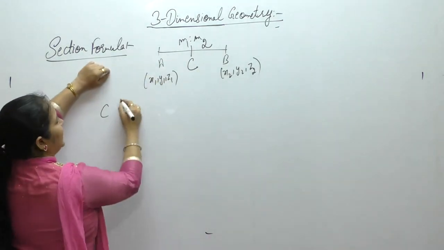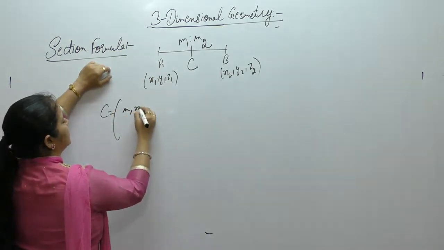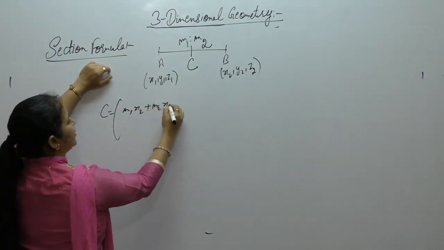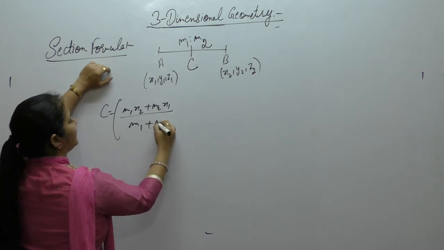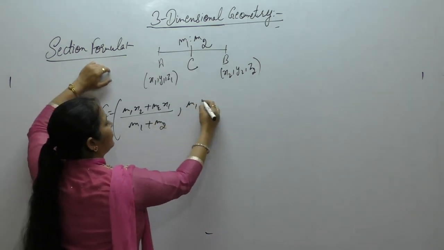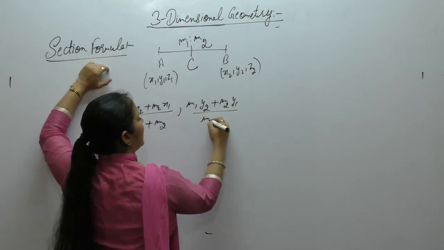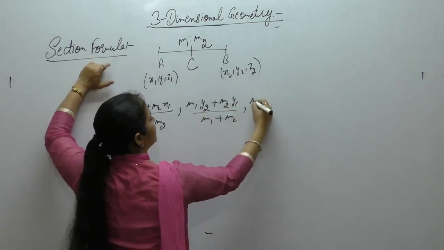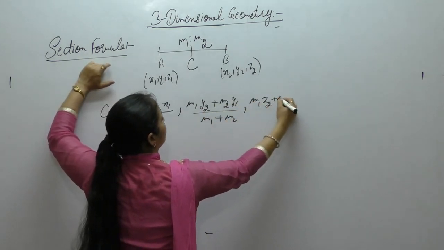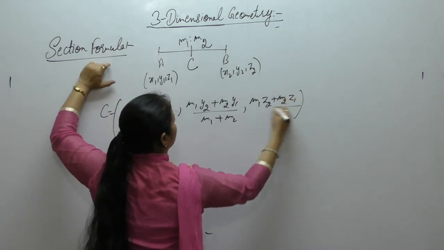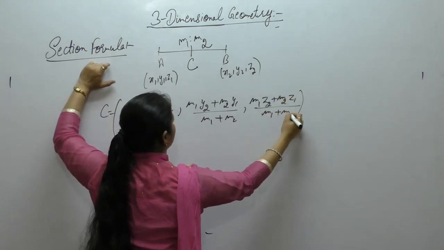That will be (m1 x2 plus m2 x1) upon (m1 plus m2), (m1 y2 plus m2 y1) upon (m1 plus m2), (m1 z2 plus m2 z1) upon (m1 plus m2).